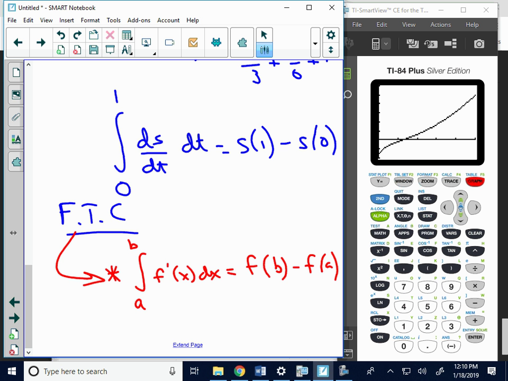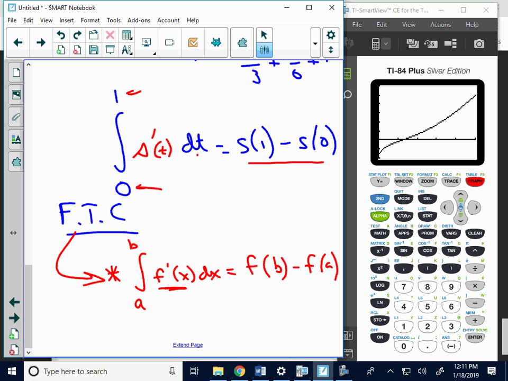So what do I have here? Well, f prime, I'm writing it this way. Maybe I could write s prime, ds dt, that's s prime. So s prime of t dt, and this is the a and this is the b. It just falls right in. Right?